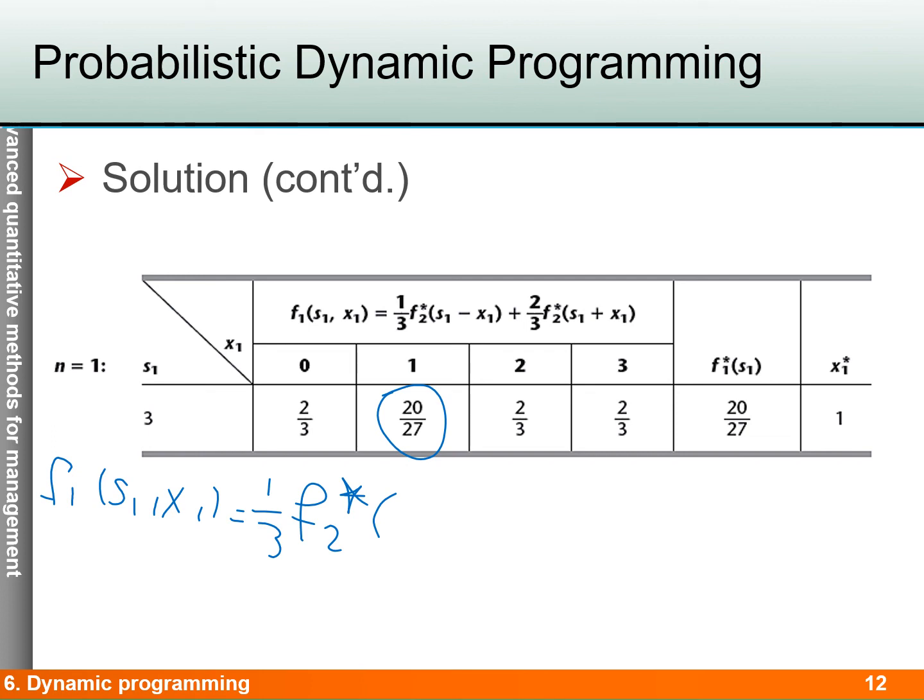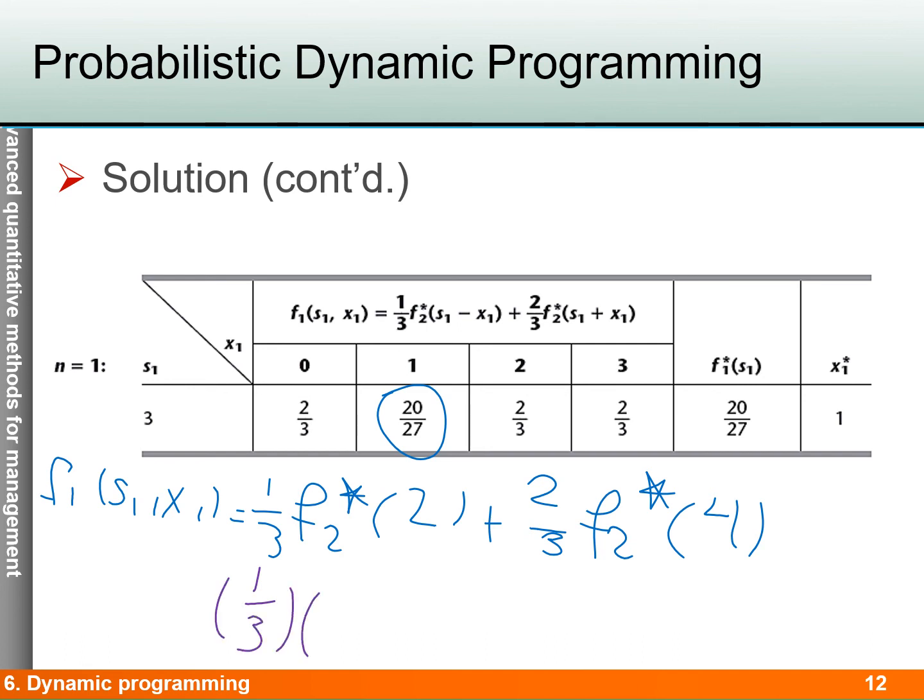What is our X1? It is 1. So 3 minus 1 is 2. Plus 2/3 of F2 star of 3 plus 1, which is 4. So the result is 1/3 F2 star of 2.